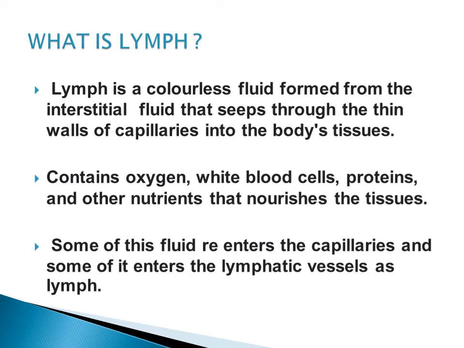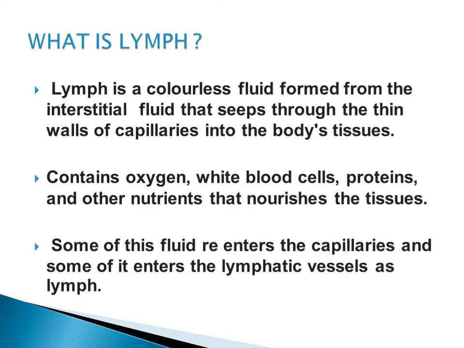This colorless lymph, what does it contain? It contains white blood cells, oxygen, some of the necessary proteins which can seep through the capillary wall, and other nutrients which are required for the functioning of the body.